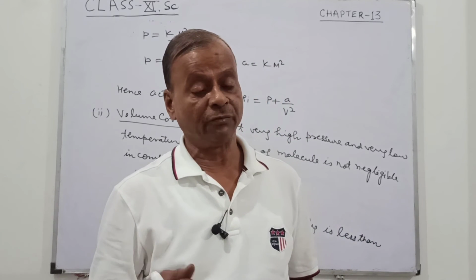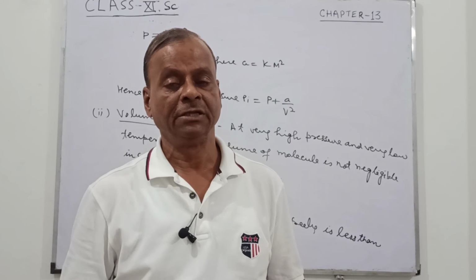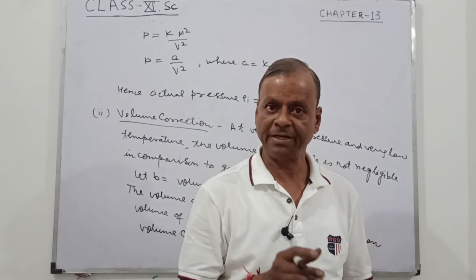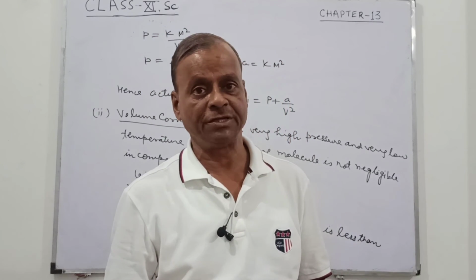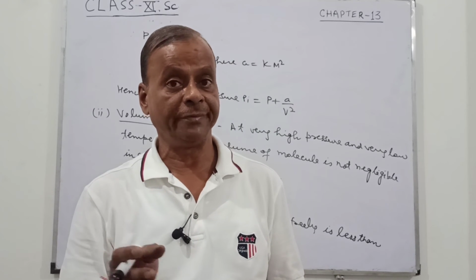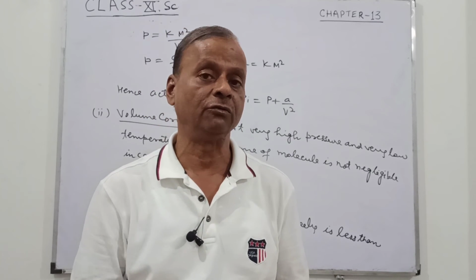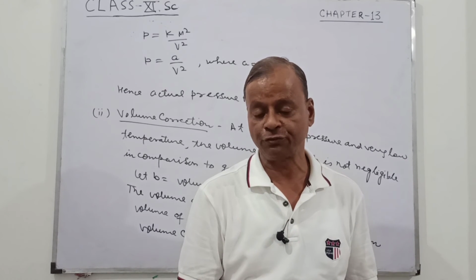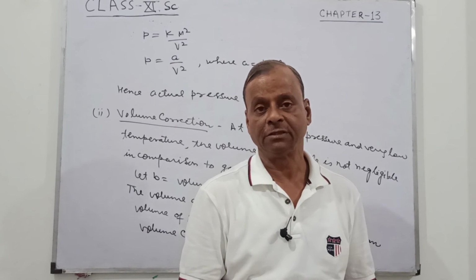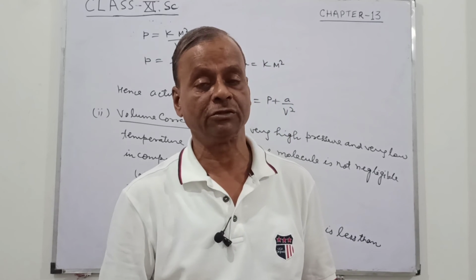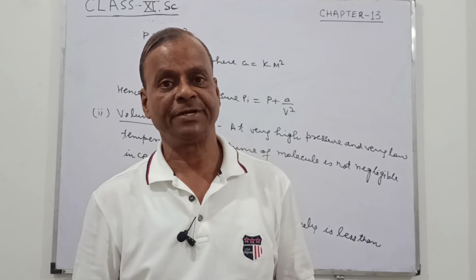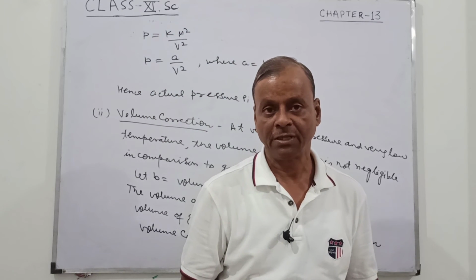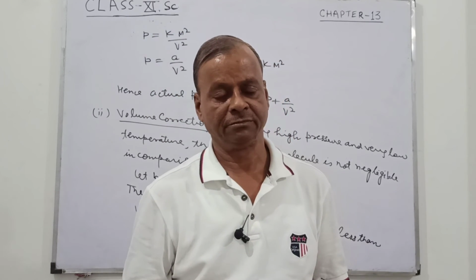So now the volume available will be less than the actual volume. So the volume of the ground minus the volume of the students will be the volume available for the students to move in the ground. Similarly, when the molecules are close to each other, they will affect the motion of one another. And as a result, the observed pressure will always be less than the actual pressure.